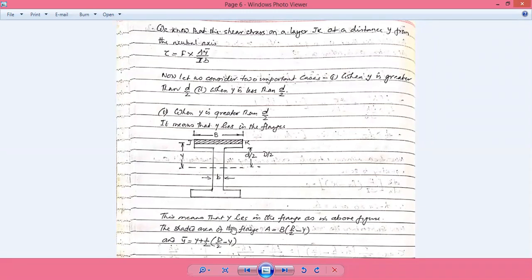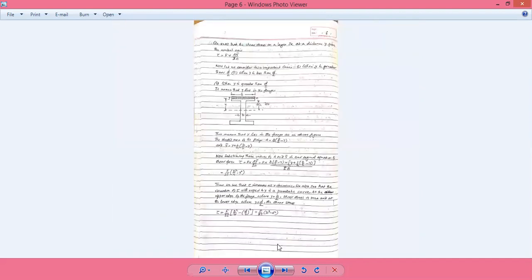This is the value of A, the area of the shaded portion. And the CG of this shaded portion, that is y dash, is equal to y plus half of the height of the shaded portion, that is D by 2 minus y. So y plus half of D by 2 minus y.